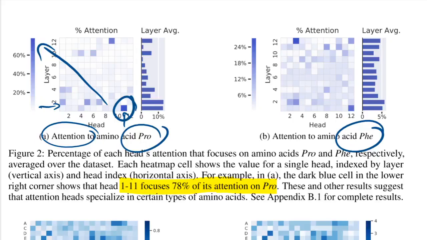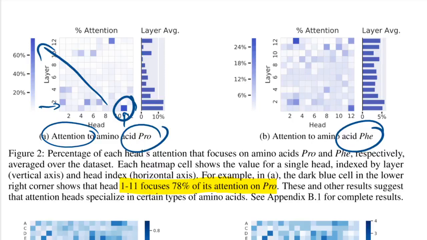For example, in English, maybe "the" is very important, or the word "what". These are very indicative, very often occurring words, so it is reasonable to expect to find an attention head that pays a lot of attention to these, especially here where our vocabulary size is 20 instead of 30,000 in natural language.